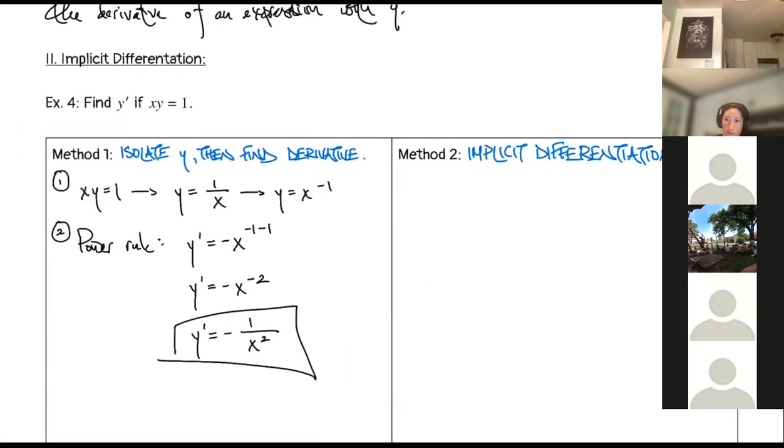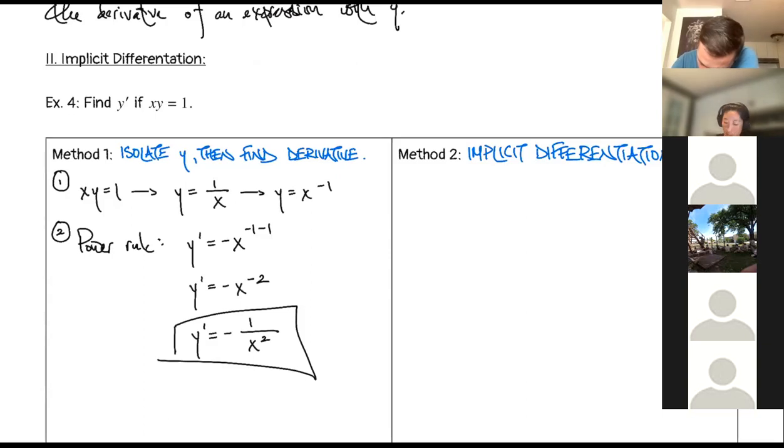All right, so we're going to take a look at method number 2, which is implicit differentiation. And what we're going to do is we're not going to isolate anything.